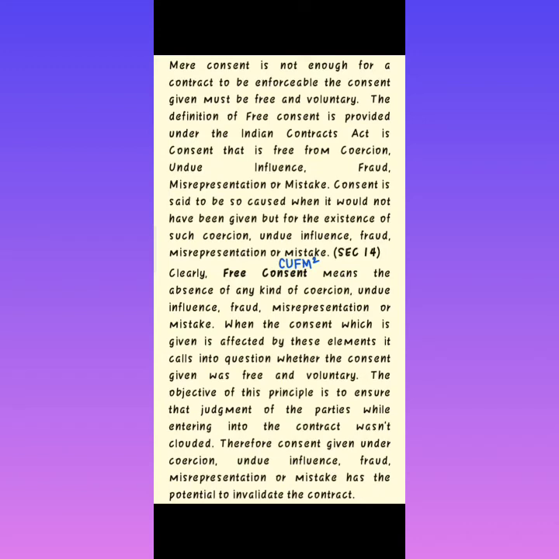So C stands for coercion, U stands for undue influence, F for fraud, M for misrepresentation, and the final M for mistake. The Contract Act gives the factors in this order, so it's easier to remember in this way. That's why we call it Cuffum square.